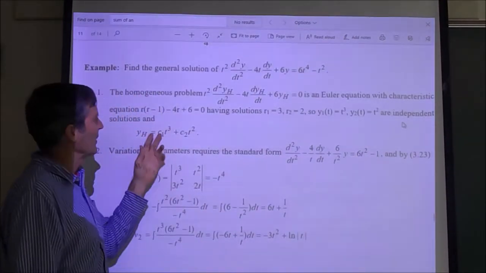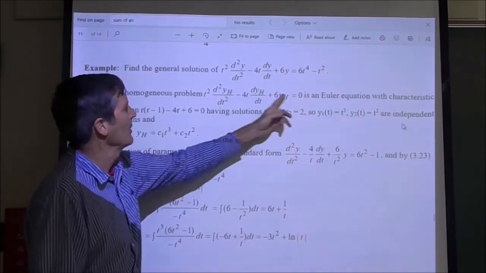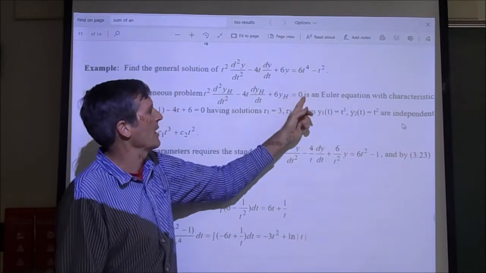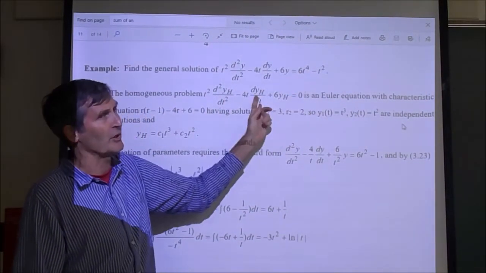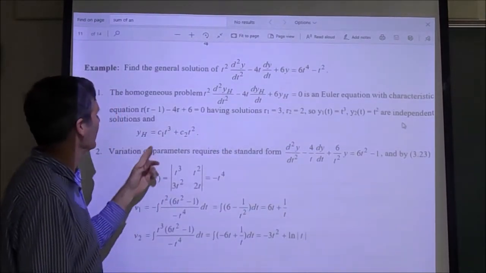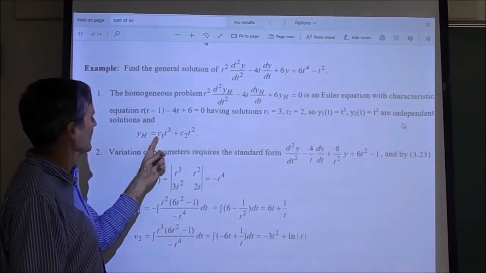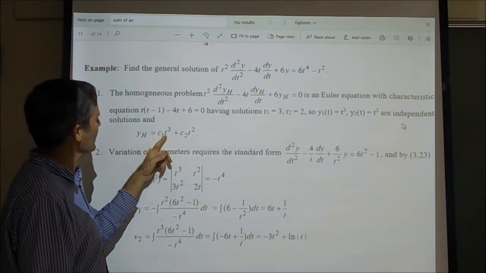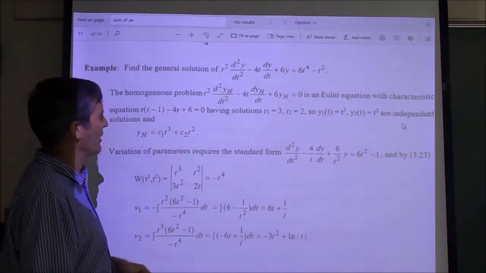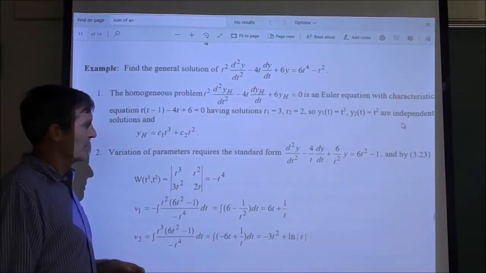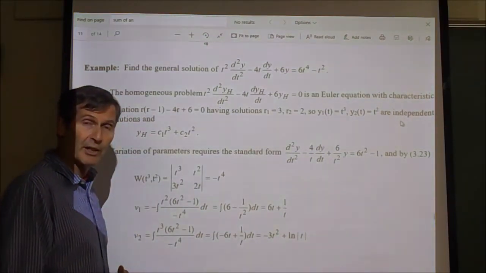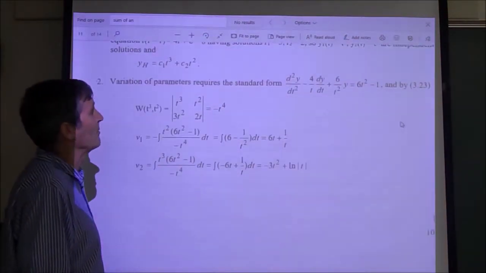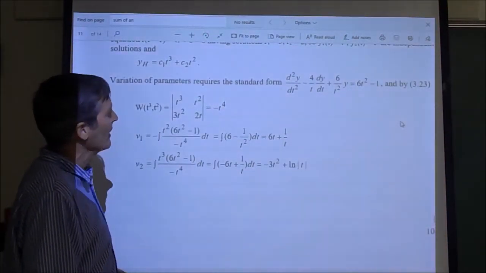But this homogeneous problem, with the right side 0, is a kind of equation we'll solve shortly, called an Euler equation. That means t cubed and t squared are independent solutions to the homogeneous problem. We can use those to find a particular solution to the non-homogeneous problem by variation of parameters.